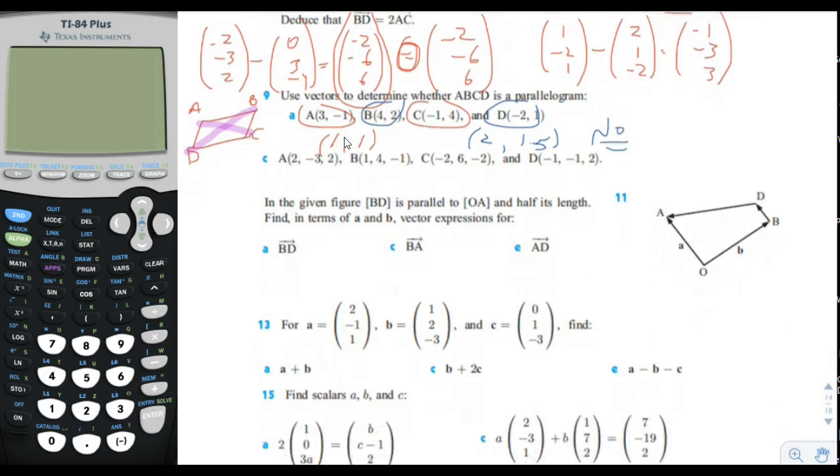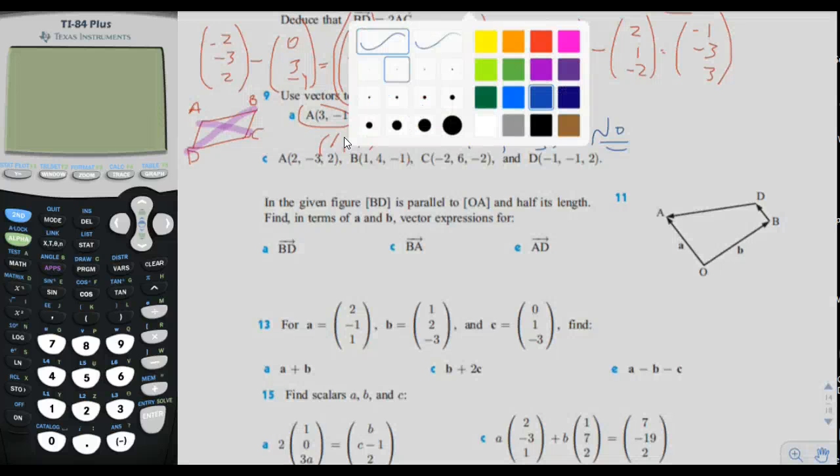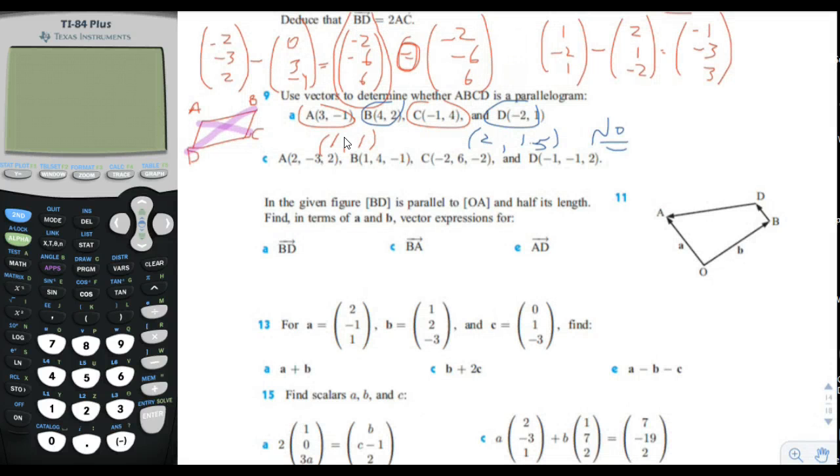Okay, let's try the same thing with the next set of points. Between A and C, the midpoint would be between 2 and negative 2, it's 0. Between negative 3 and 6, the halfway point would be, let's see, 1.5. Is that right? Maybe.